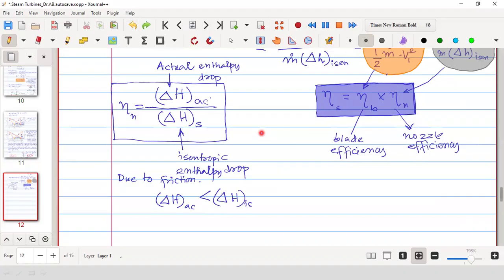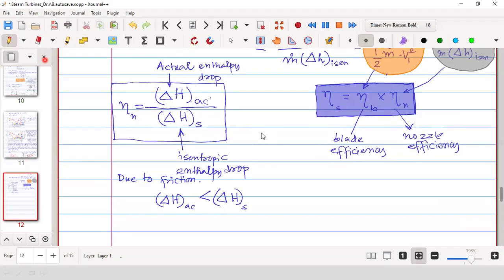Isentropic, you can write IS or S, it means the same thing: S basically means isentropic, constant entropy.